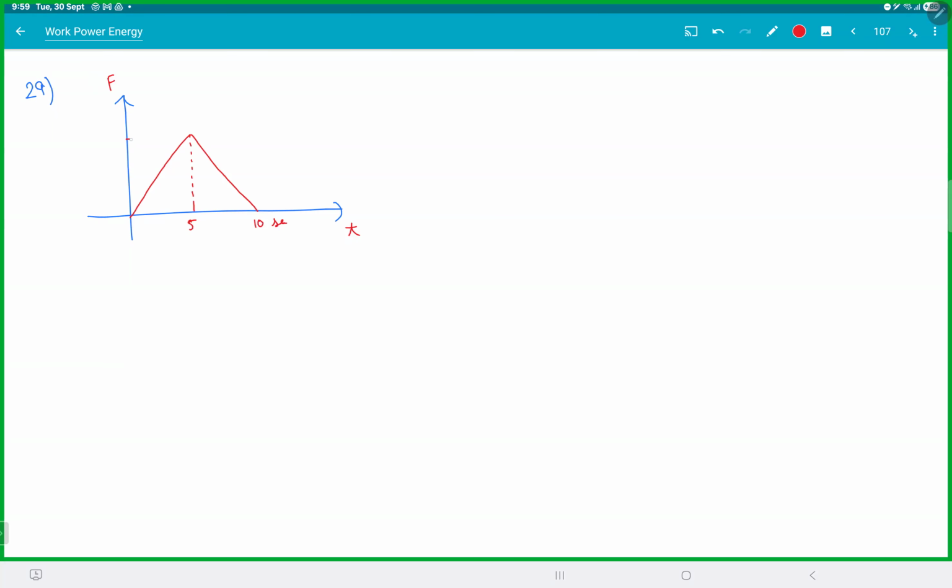This is 10 seconds. And this is 100 newtons. Mass of the body is 2 kg. This F is the force acting on the body. Initial velocity is 10 meters per second. Find work done by the force in 10 seconds.